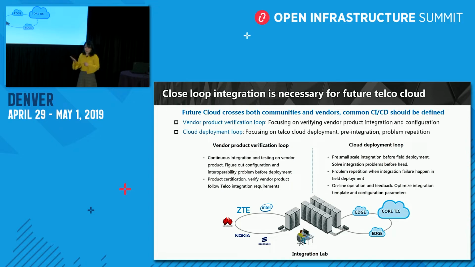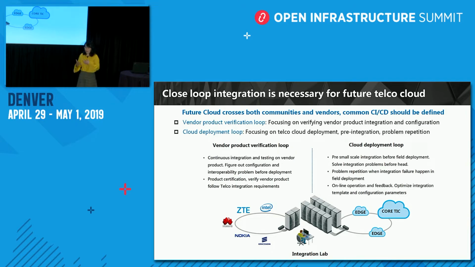And on the left hand of the integration lab, we will have these labs connected with different vendors' labs. So that different vendors' software, when they have any updates or changes, if it is important enough, it will give an alert to the integration lab so that the lab can do the integration to make sure that these updates will not have influence on the already existing software and hardware in our network.